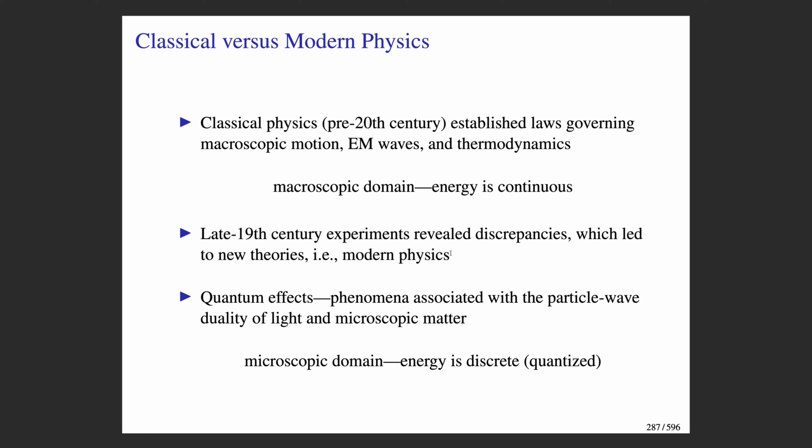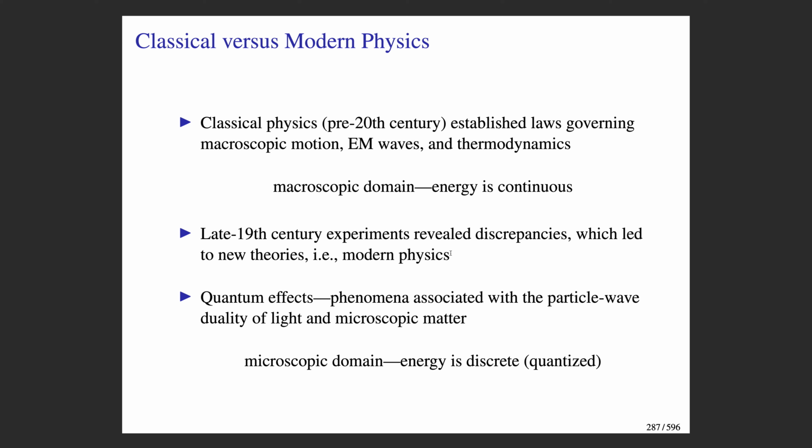However, experiments that started in the late 19th century, and we'll talk about a few of those in this lecture series, revealed discrepancies with classical physics. And so these experimental discrepancies, which were brought about by new technology, ultimately led to new theories in what we call modern physics.